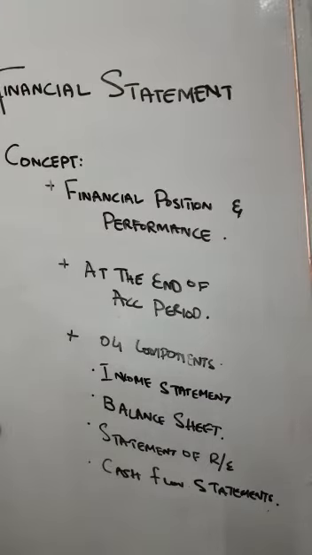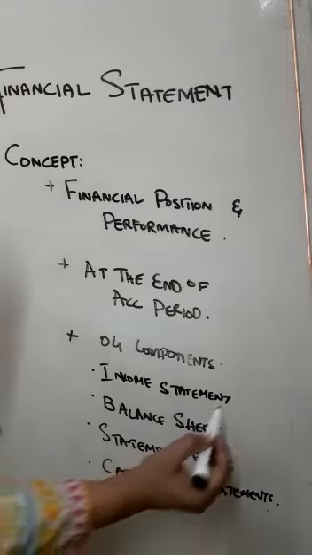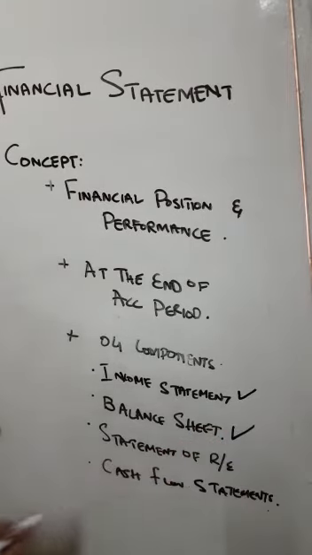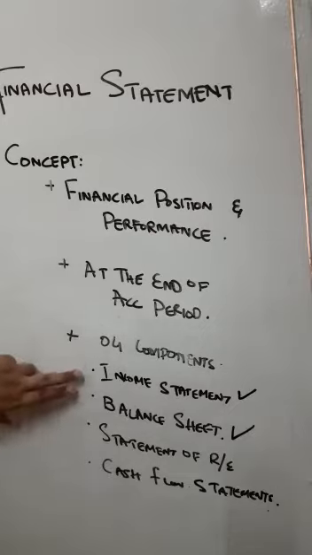Today in this session we are going to discuss income statement and balance sheet because these two components of the financial statement are an integral part of our accounting syllabus, so we are going to emphasize on it. First of all, I would like to explain income statement.